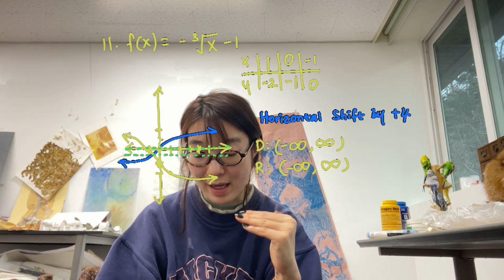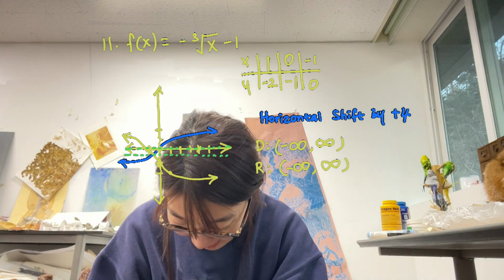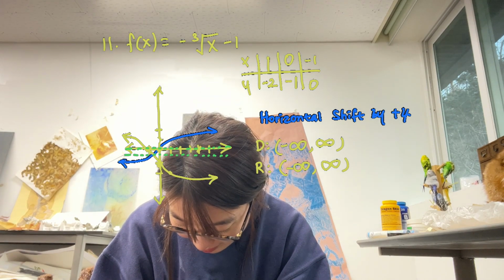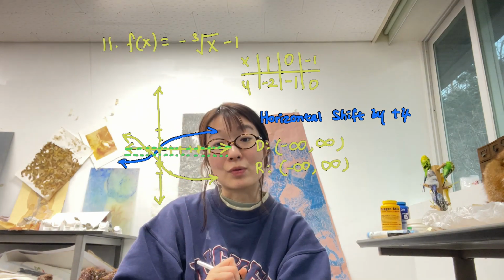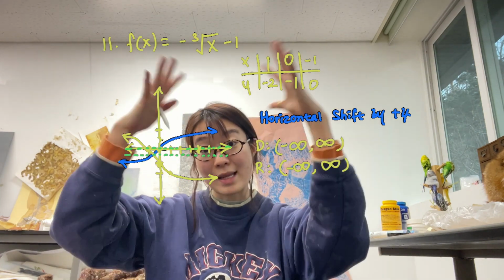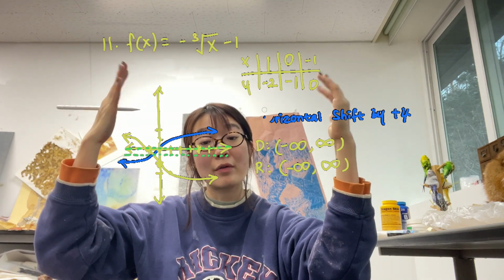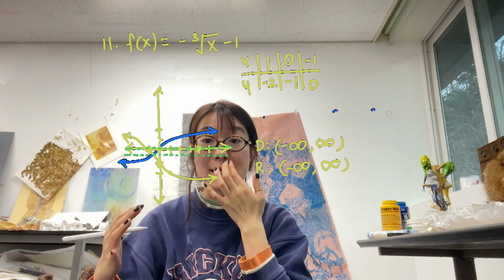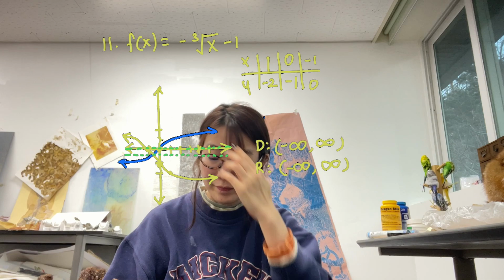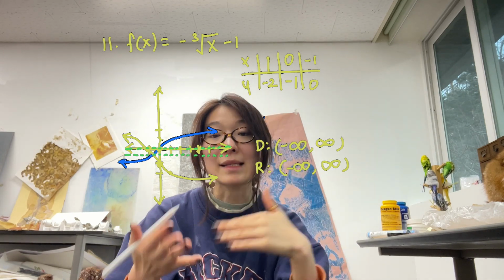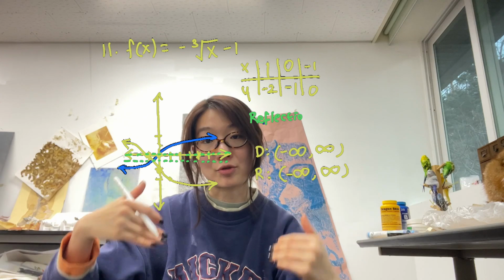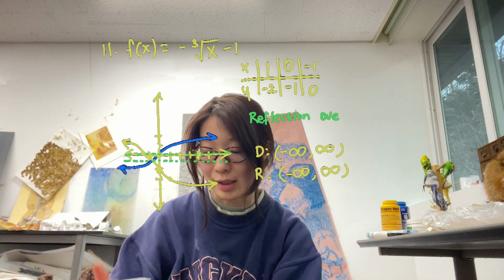This time my line of reflection is actually at y equals -1, because even the line of reflection was shifted vertically by -1. So in this case, obviously reflection took place first and then the vertical translation.